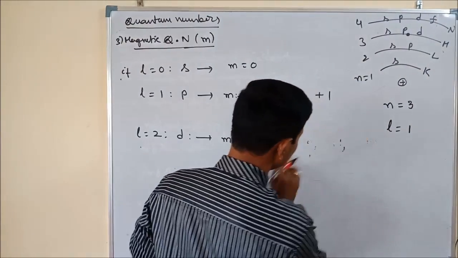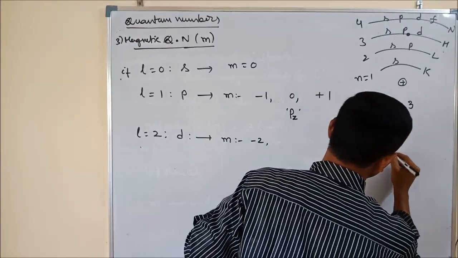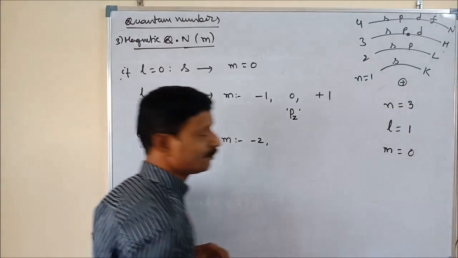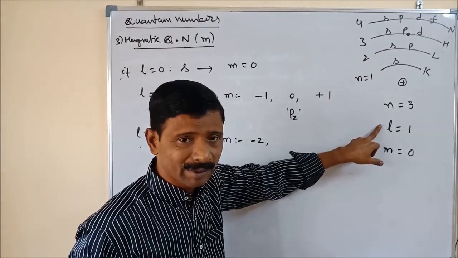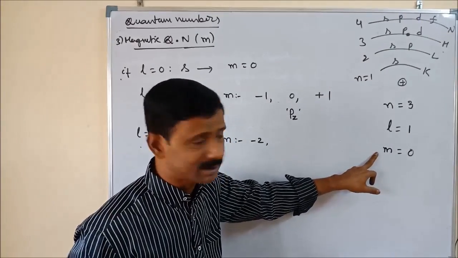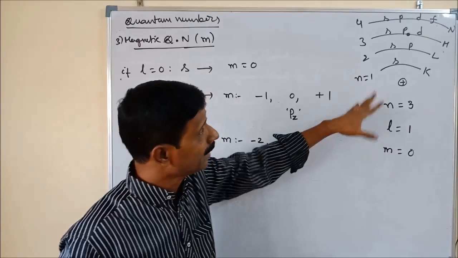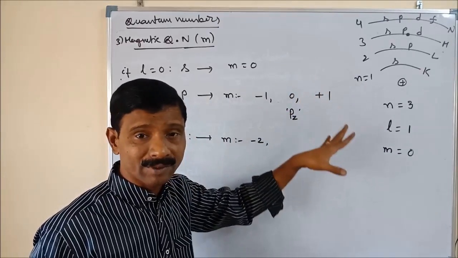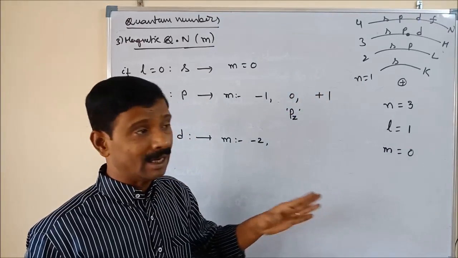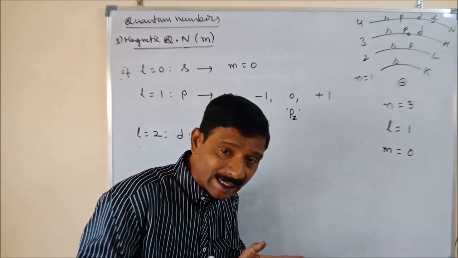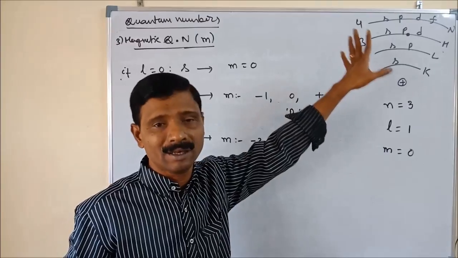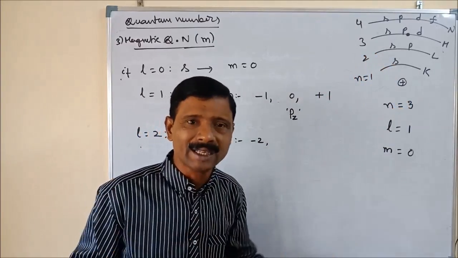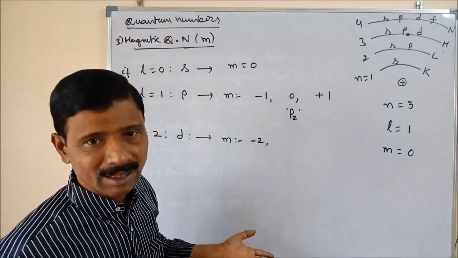Now suppose here m equal to 0. What does it mean? L equal to 1 means P, m equal to 0 means Pz, and it is third. Means the electron that we require is arranged along the z-axis of P sublevel in the third orbit. That is very clear information regarding the electron.